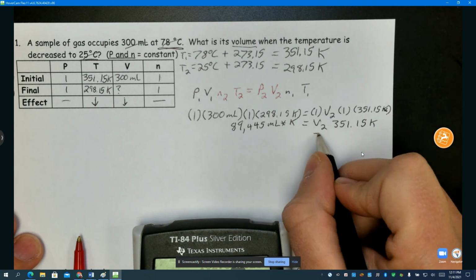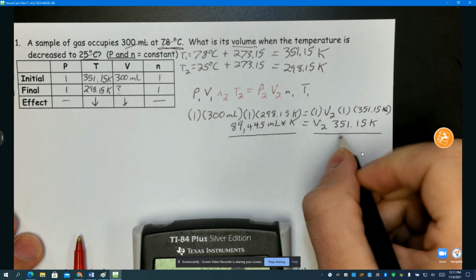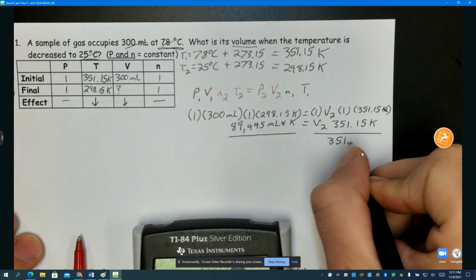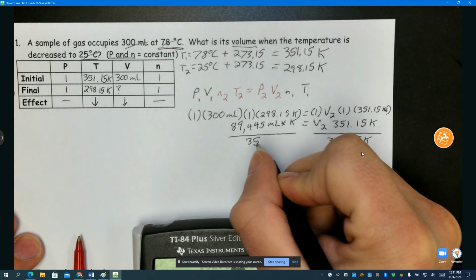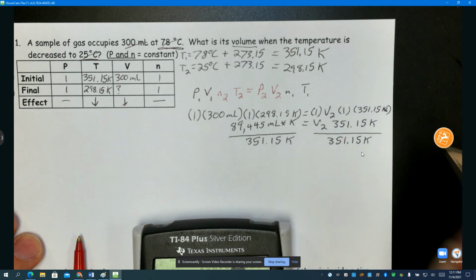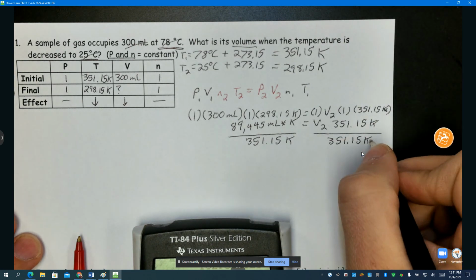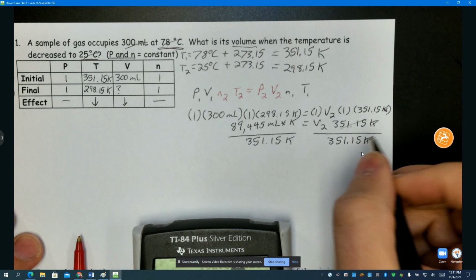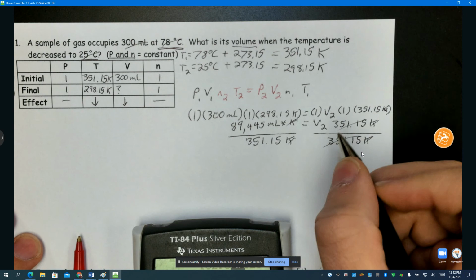So we're going to divide both sides by 351.15 Kelvin. And our Kelvins will cancel. 351.15 cancels. Kelvins cancel.